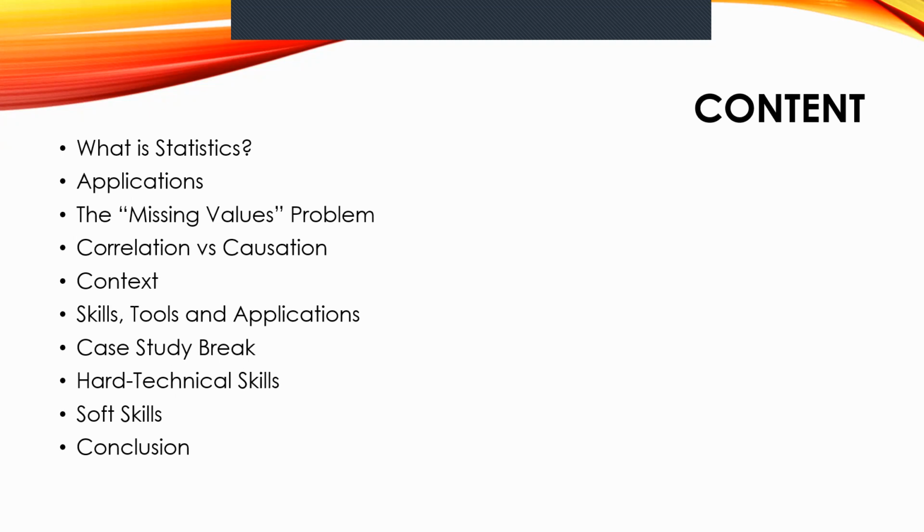Then next, we'll talk about something called correlation versus causation. And then I will deep dive into what we call context and how the context in which you are looking at data plays a major role in your overall analysis. Then I will talk about skills, tools, and applications.